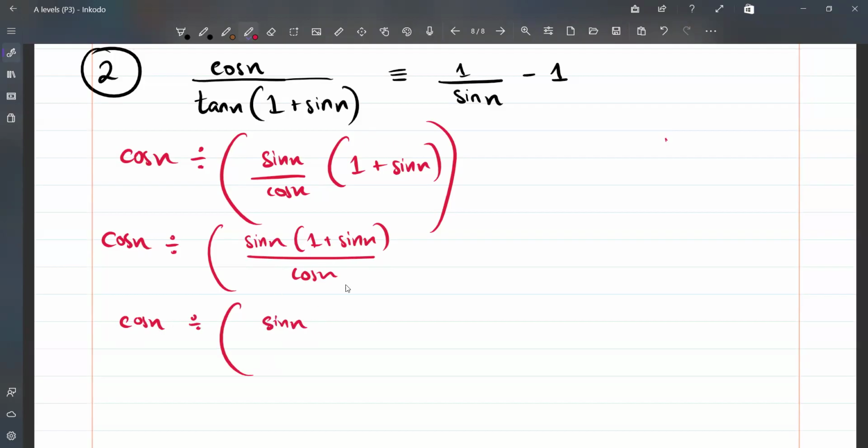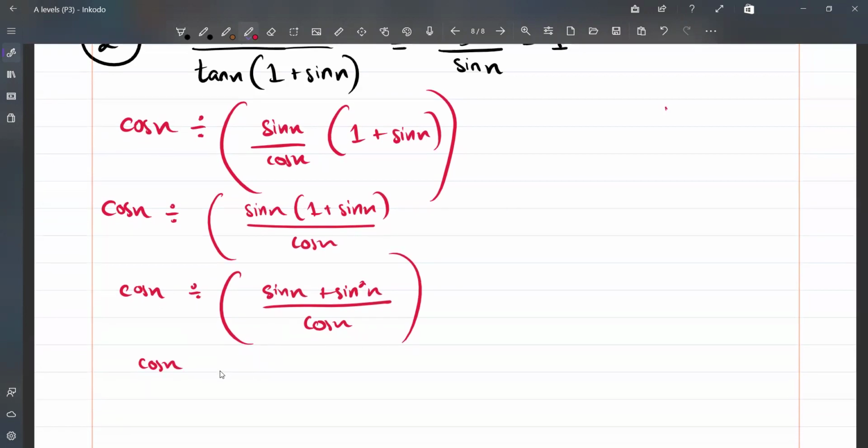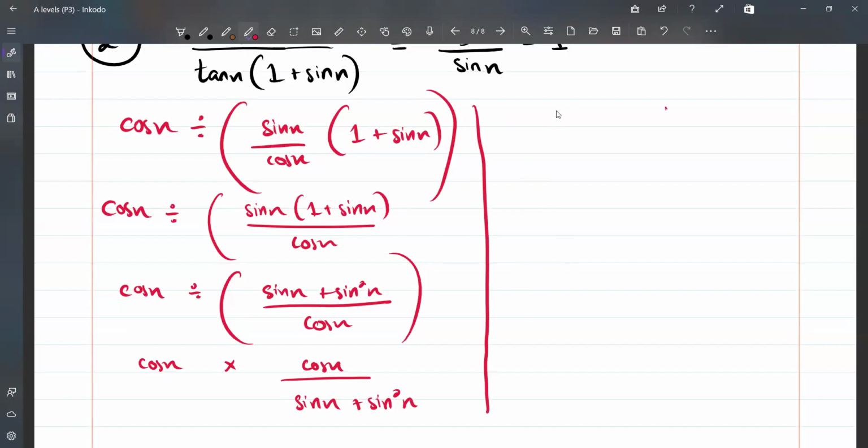Sin x plus sin square x upon cos x. All right, cos x multiplied by cos x upon sin x plus sin square x. Now this will multiply and give us cos square x upon sin x plus sin square x.